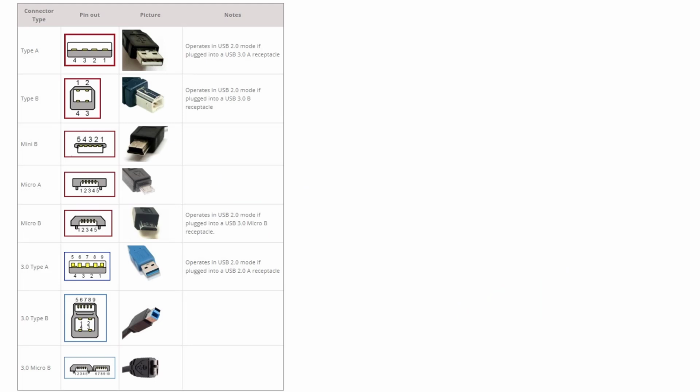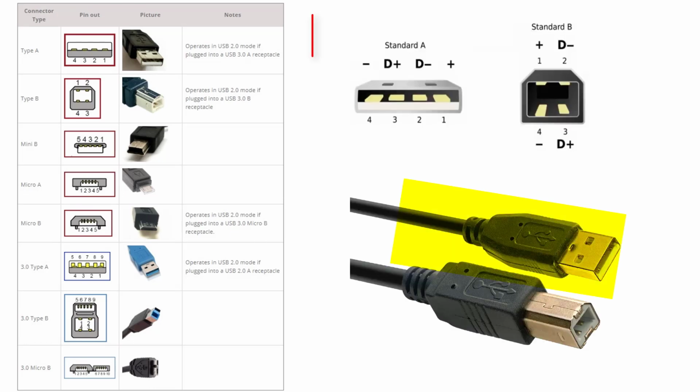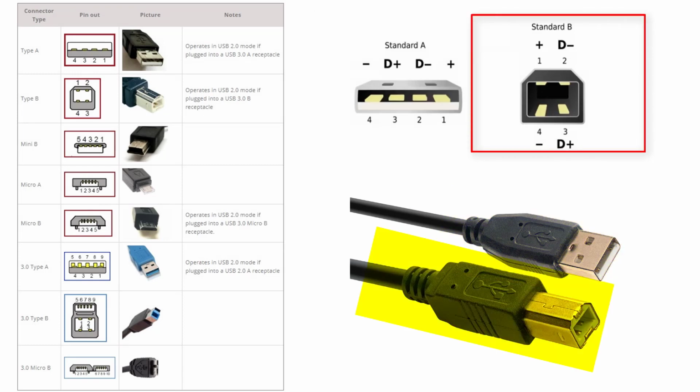All components of a USB system connect to each other using one of the USB specified cables and connectors. There are different types of USB connectors grouped into host and device connectors. The A connector faces the host like a computer, and the B connector faces the device like a printer or an Arduino board, for example.